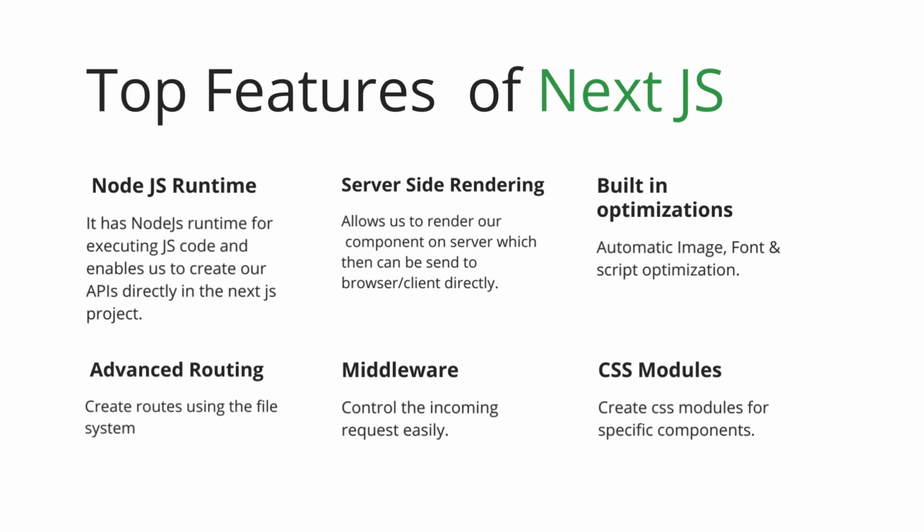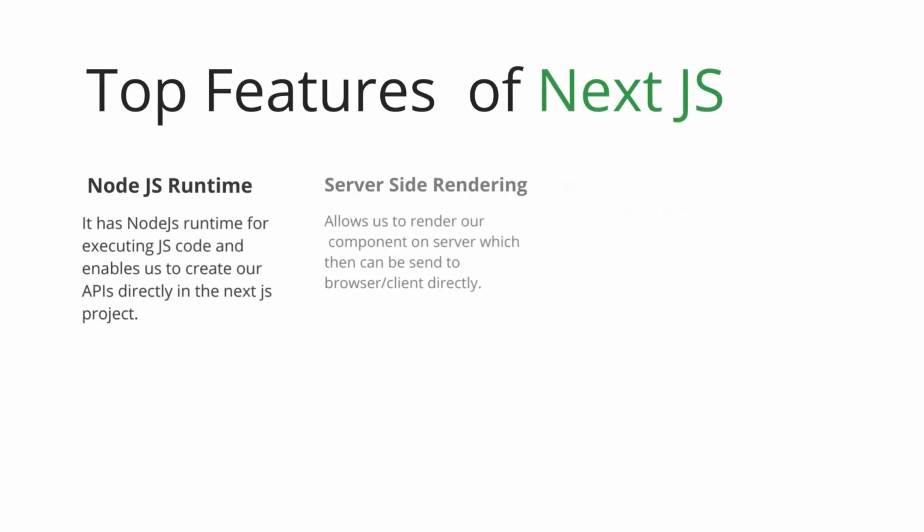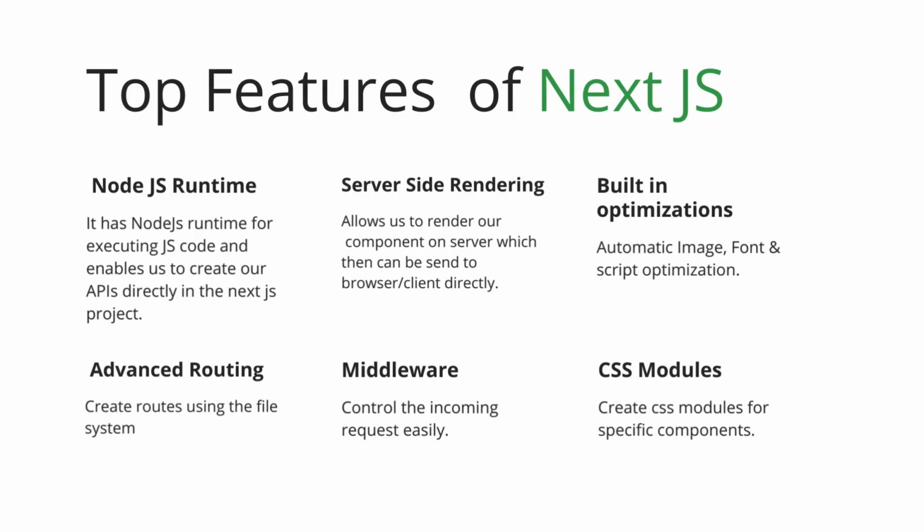Earlier, we used to have a front end created with React, and for the backend, we used to create a separate project, maybe in a different programming language altogether, like Node.js or .NET or Java. But with Next.js we can create our APIs in the same folder as well, using the Node.js runtime.